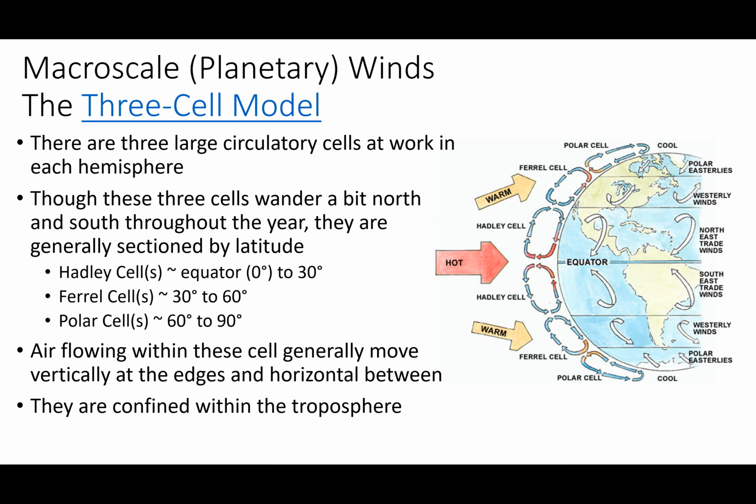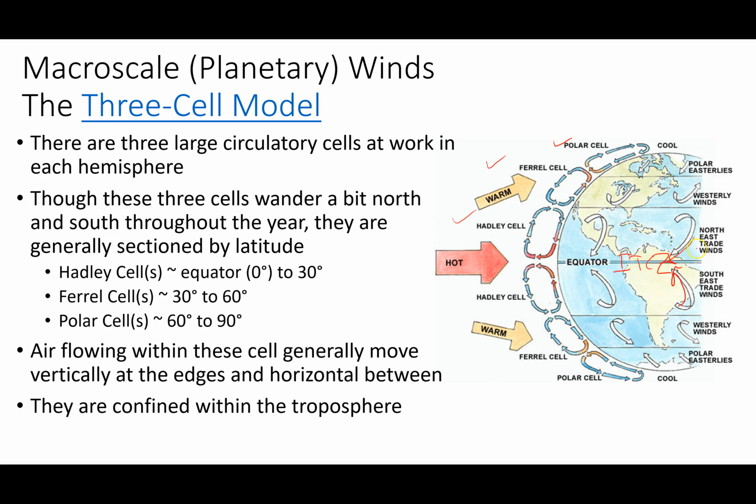Pair of local winds. You're going to want to know your way around this idea of the 3-cell, I call it 6-cell model. Of course, we have in each hemisphere a Hadley cell, a Ferrel cell, and a polar cell. And then we talked about how at the Earth's surface we have these trade winds that meet up from the North and the South Pole, and they meet up at the intertropical convergence zone.